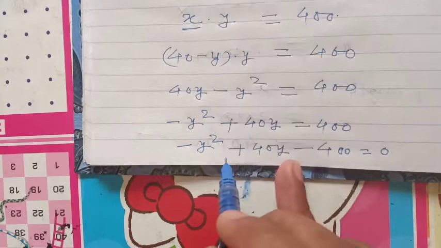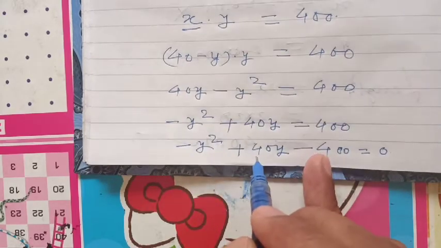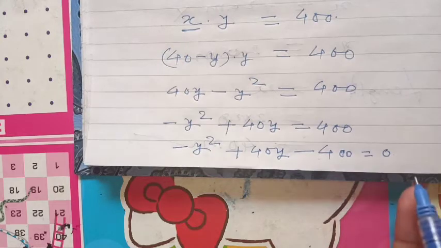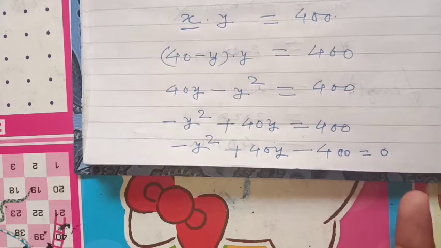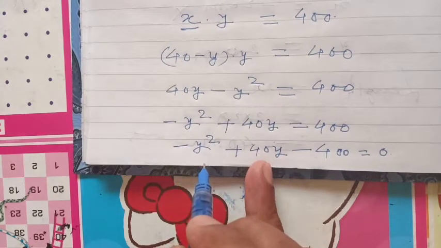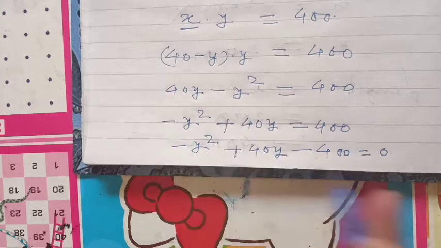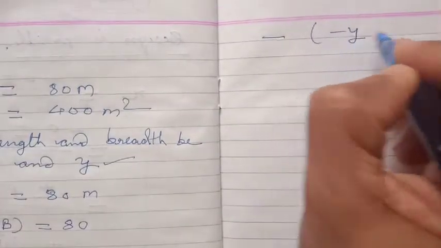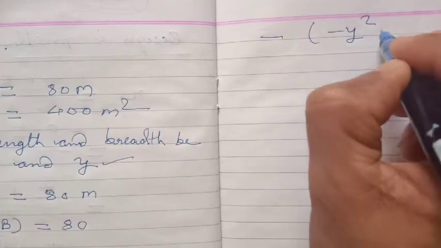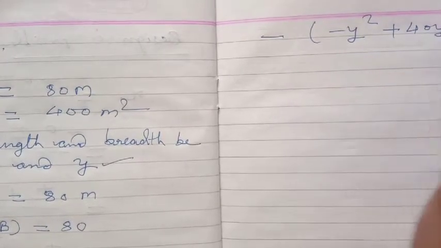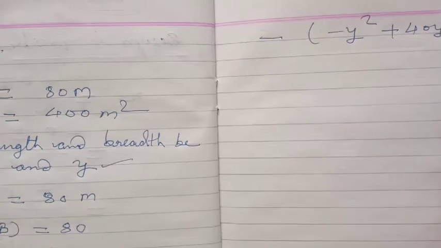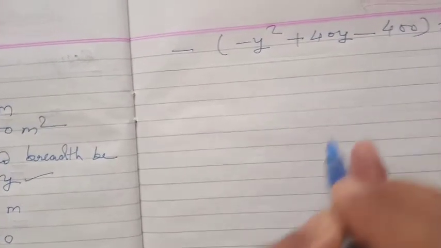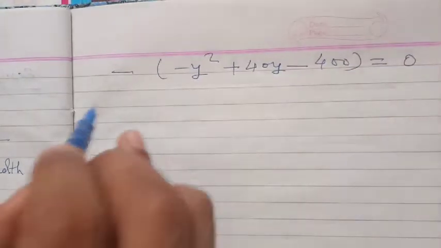And you should multiply that equation by minus. So let me take the next step, multiply by minus into the entire equation. So minus y square plus 40y minus 400 is equal to minus 0, which means 0.